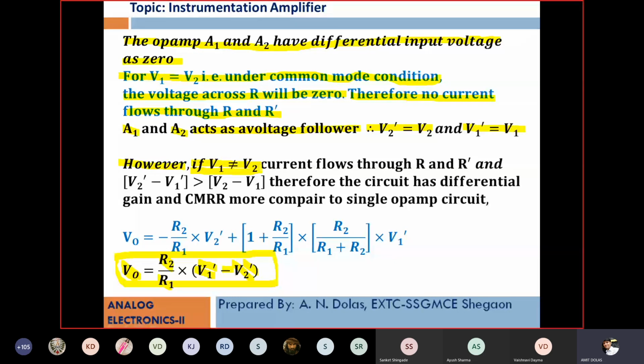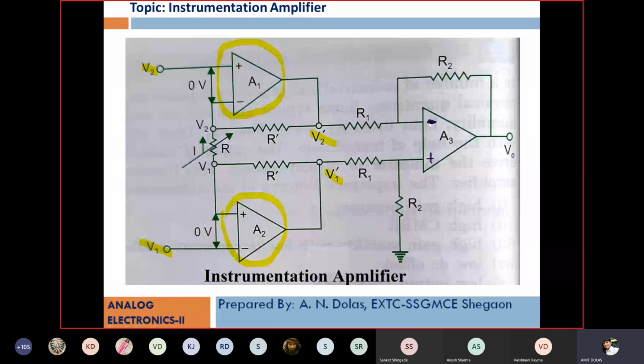So we'll move to any question till the time, because we have seen one of the conditions, where both the signals are equal, then what is the analysis of the circuit and the output becomes 0, that is, common mode signals are rejected.